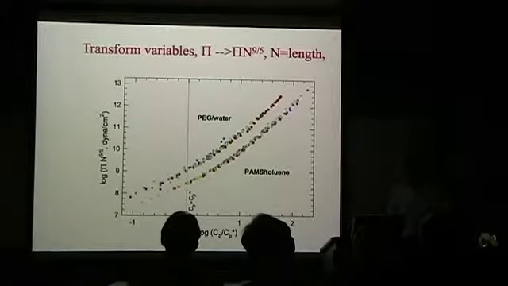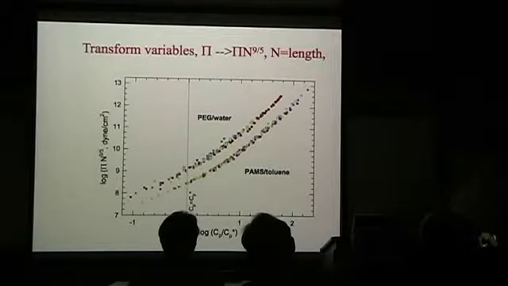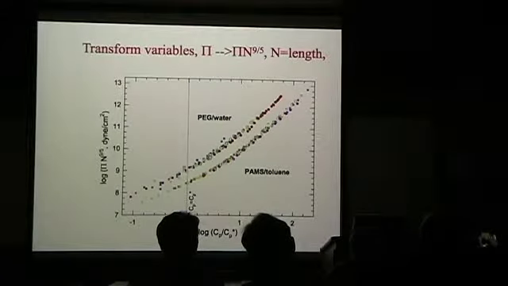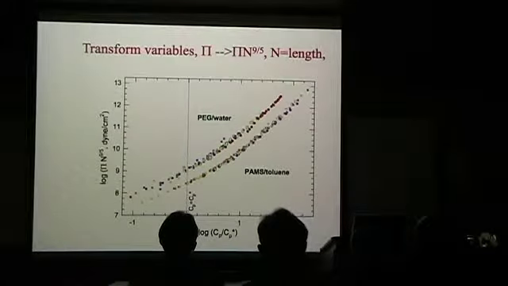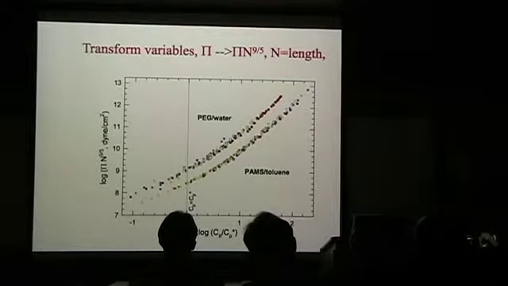Essentially, the work that's behind all this turns out you can take each of those curves with all the divergences, and you multiply by the polymer length to the 9/5 power, and you plot that on a piece of paper, and it looks like that. All of these things come together. There's this amazing thing that happens, that if you correct for the length, you take that pressure, which was big for a small guy, and multiply it by a small n.